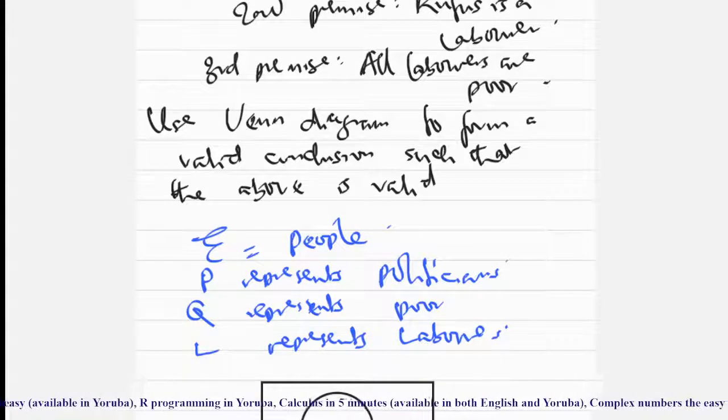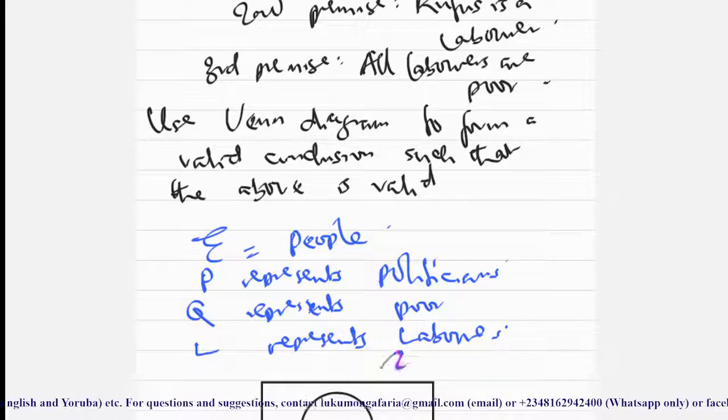Let's say this one represents a labourer. Rufus is a labourer, and we have that all labourers are poor. So if this represents poor, let me say this region represents poor.